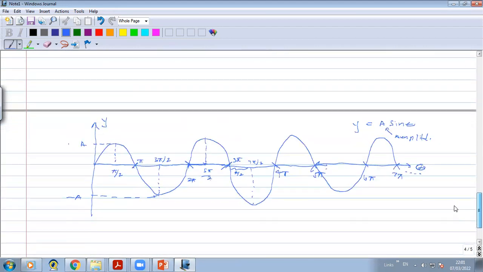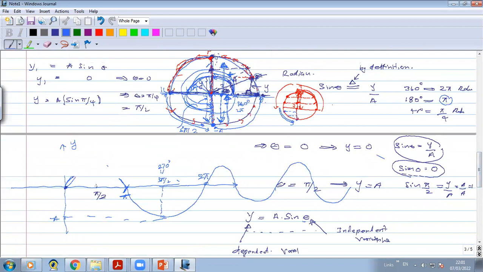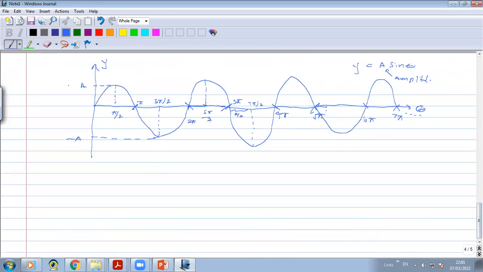Now I will go here because that circle is very unclear. Assume this is the same circle. I will take this point, and this is A and this is theta.